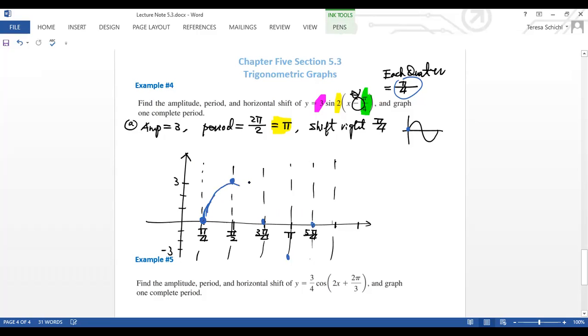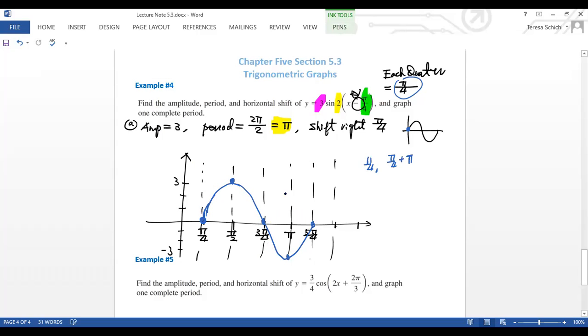This is the sine graph. So I start with pi over 4, just like the formula, starting at B. Then I end at pi over 4 plus whatever my period is, pi. So start at pi over 4, end at 5 pi over 4.